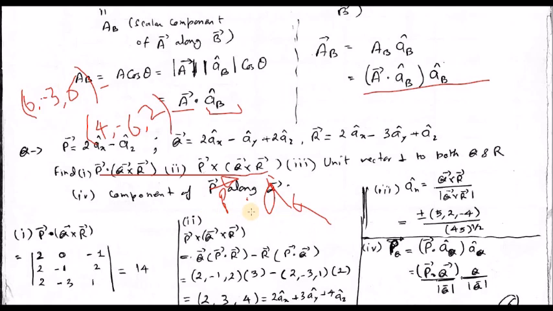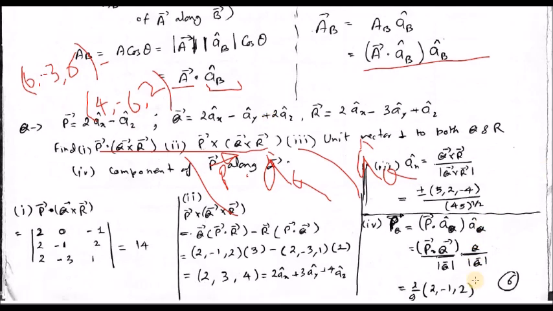But if you have to find the vector component, then multiply this by a q cap, and I have done that here: p dot a q cap multiplied by a q. Actually I have calculated the vector component here. Now what is this unit vector aq? Unit vector aq is vector q divided by its magnitude. So solving this you will get this answer.